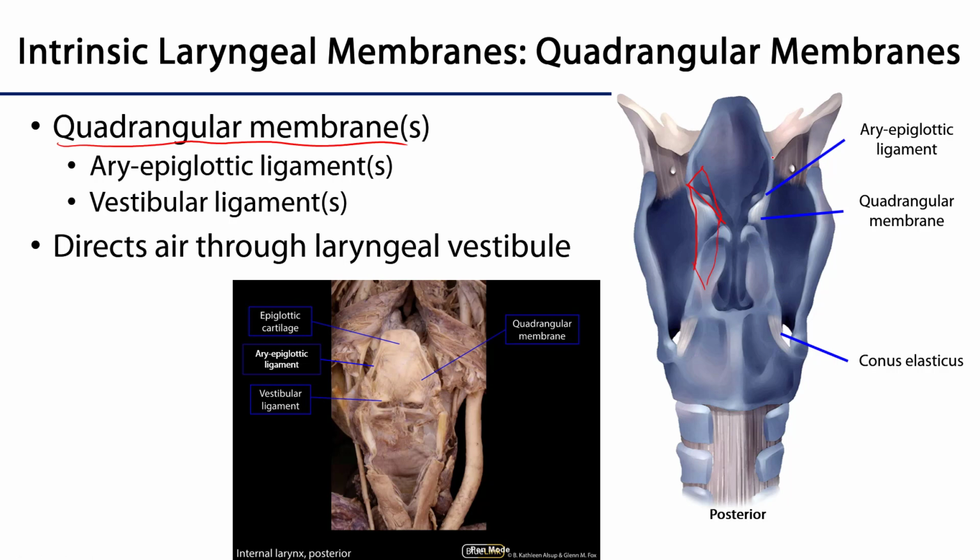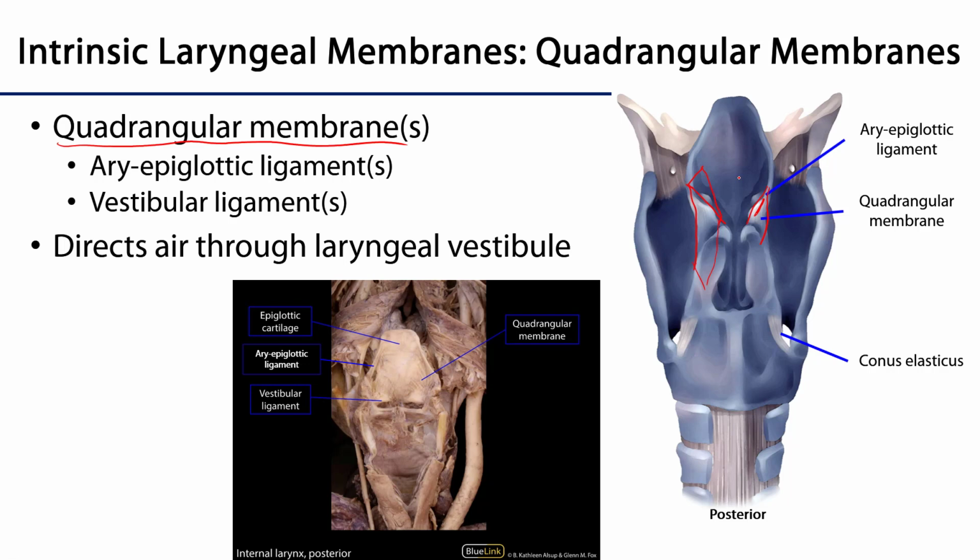There are a couple of features of these quadrangular membranes that you're going to want to know about. One that we can see here and have previously discussed, the aryepiglottic ligament. So that aryepiglottic ligament runs between the epiglottis as well as the arytenoid cartilage and even a little bit of the corniculate cartilage. And it's within here that the cuneiform cartilages reside.